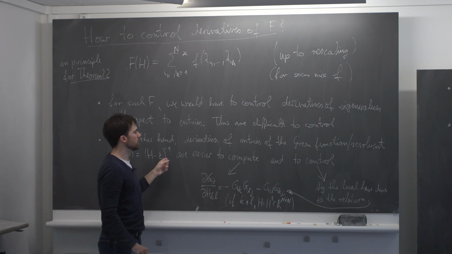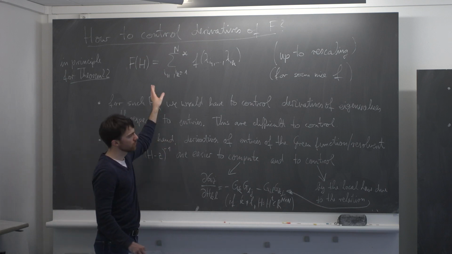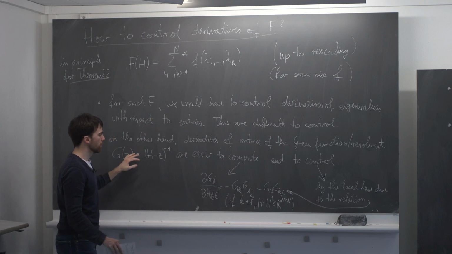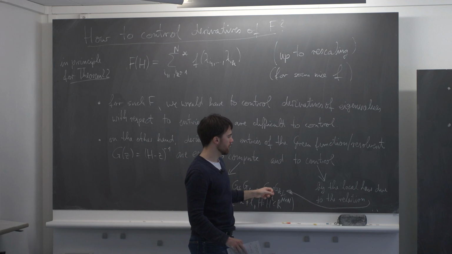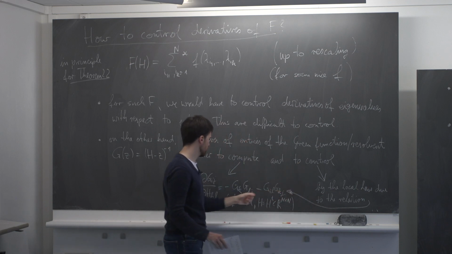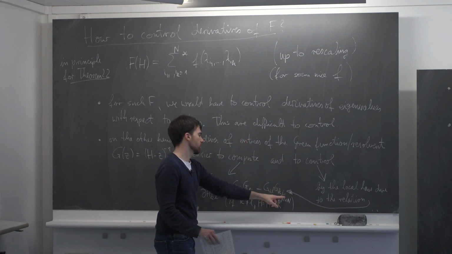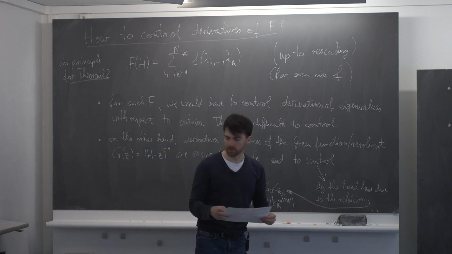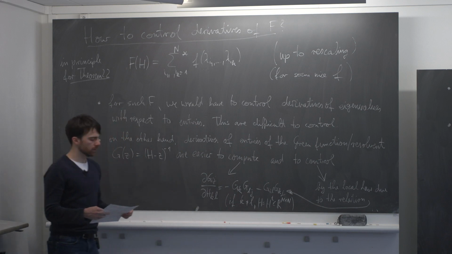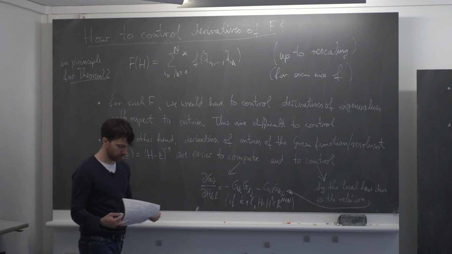And then finally, for the resolvent, one can use some Lindeberg type argument because this has a very easy form for the derivative, and then the derivatives can be controlled by the local law because the derivative of a Green function is again a combination of Green functions. And this is the basic idea. And then next time I will present the proof to you.